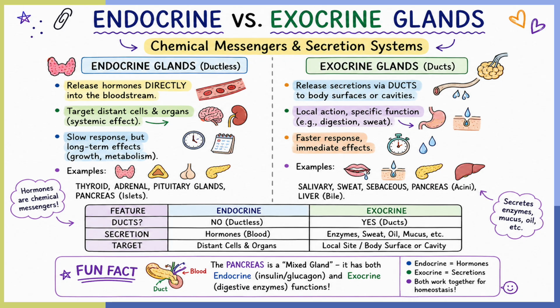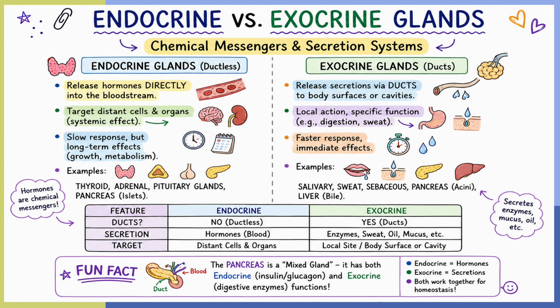Exocrine secretions typically act locally rather than traveling through the bloodstream everywhere. Now, these secretions include enzymes, mucus, sweat, oil, saliva, and bile. Because exocrine secretions are delivered directly to their target site, their effects are usually more immediate and localized.